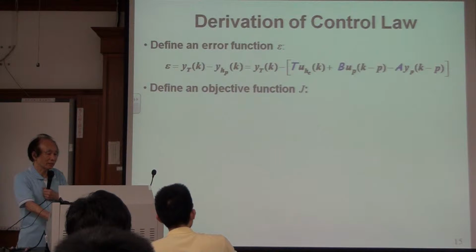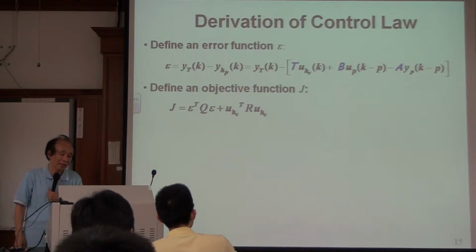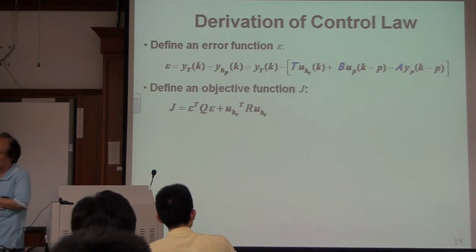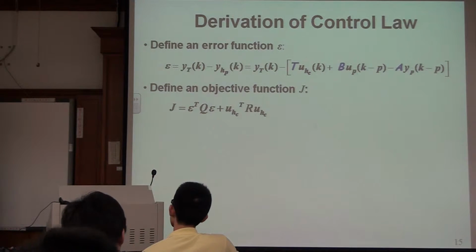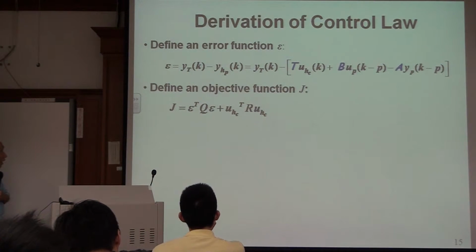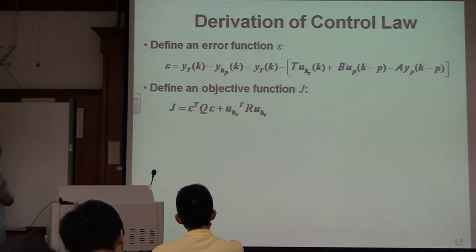And design an objective function just like a cost index, just like we did for the optimal control. The index function is called J. It's very similar to the optimal control cost index.